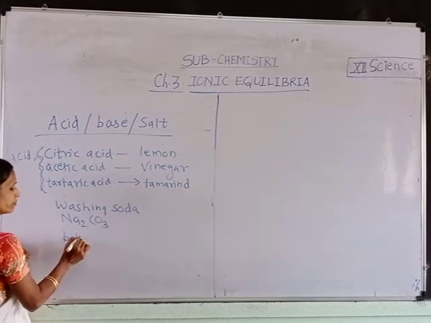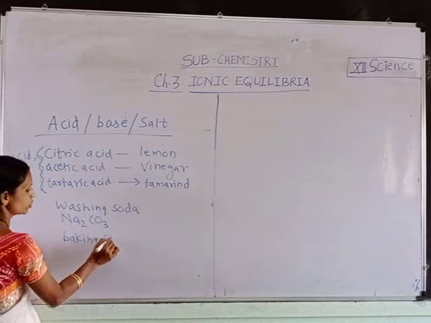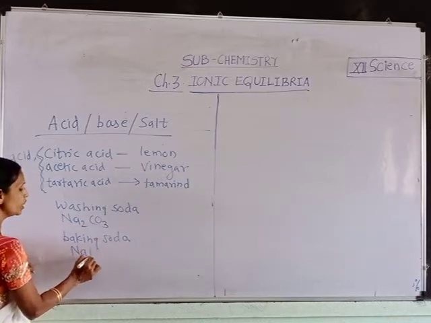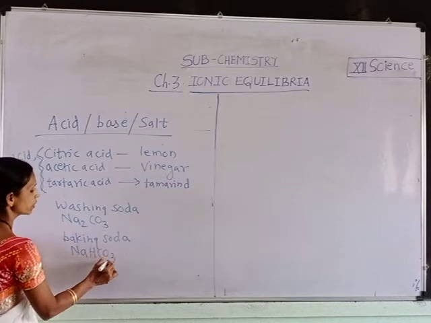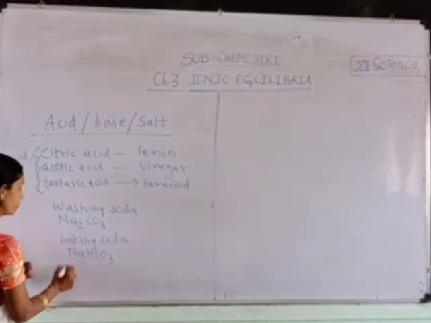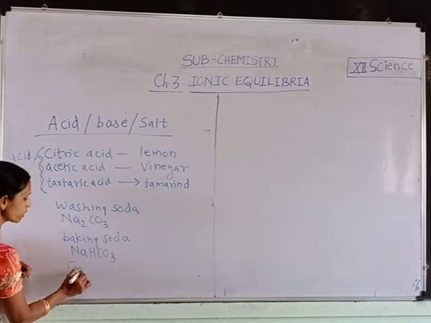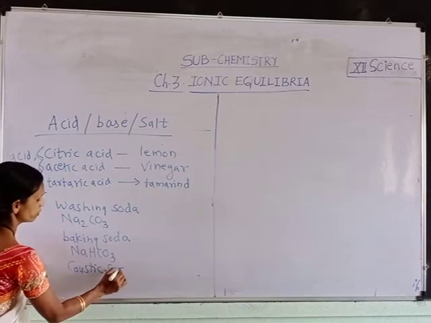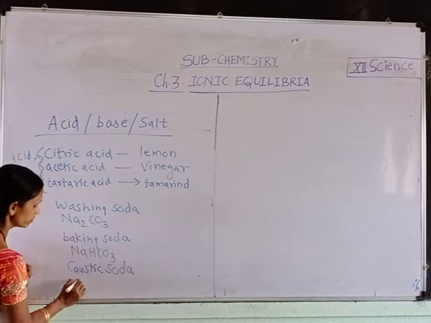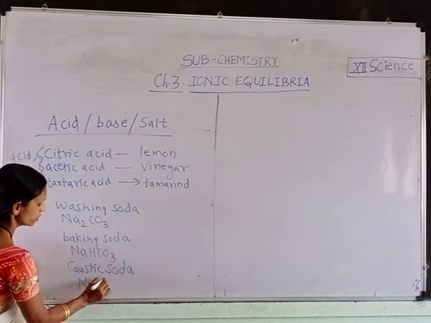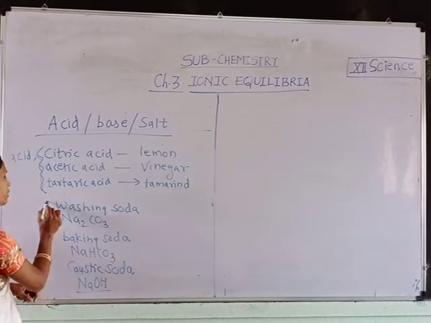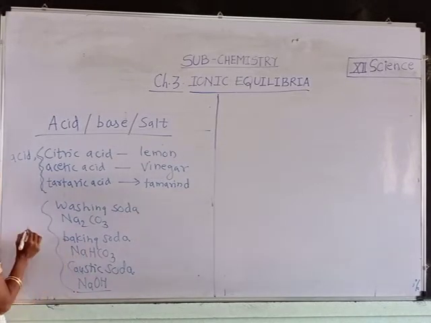Baking soda is sodium hydrogen carbonate, as well as caustic soda, which is NaOH, sodium hydroxide. These are a few examples of bases.